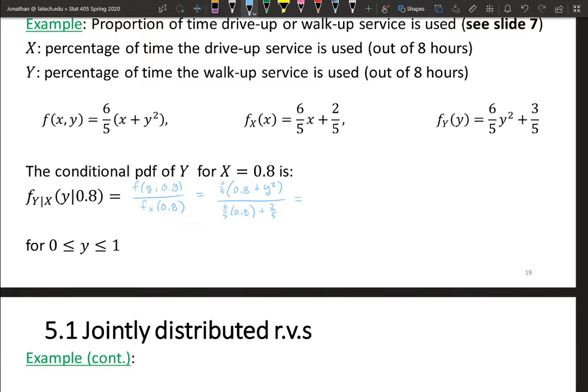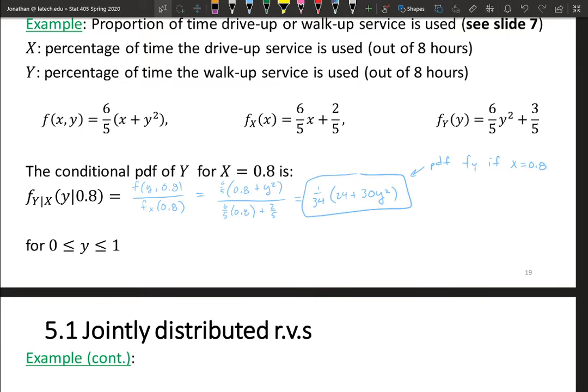And that's going to turn out to be 1 over 34 times 24 plus 30 Y squared. So that's the conditional PDF. That's the PDF for Y if X is a certain value, in this case 0.8. So this is the PDF f sub Y given X equals 0.8.